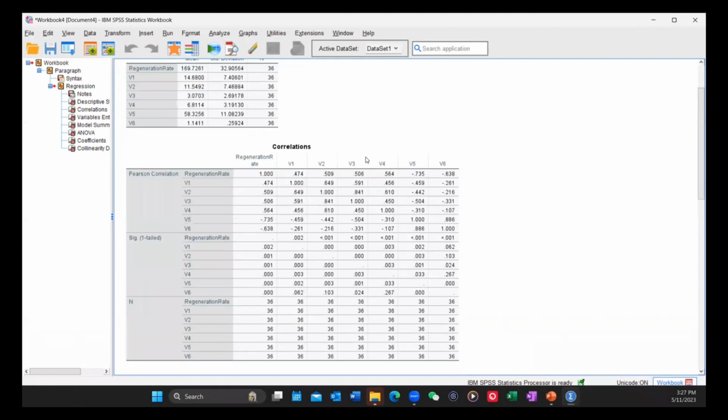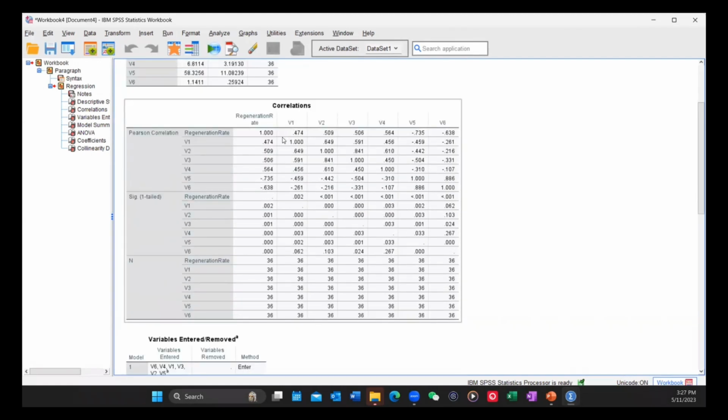In the output, we have the correlation information about the dependent variable and 6 independent variables. We are going to focus on only the independent variables here and look at the values. We identify 2 big values larger than 0.7. The first one is V2 and V3, which has a value of 0.84.